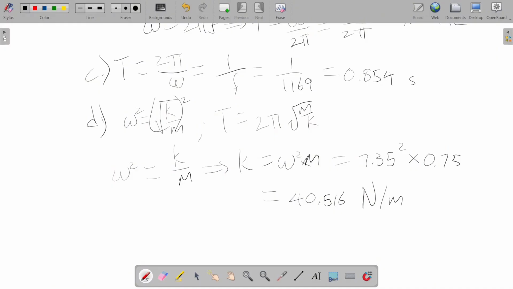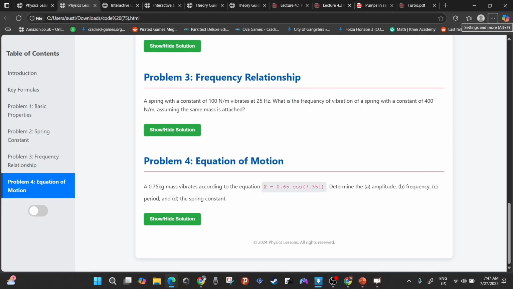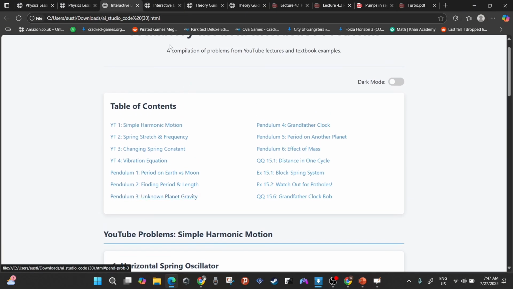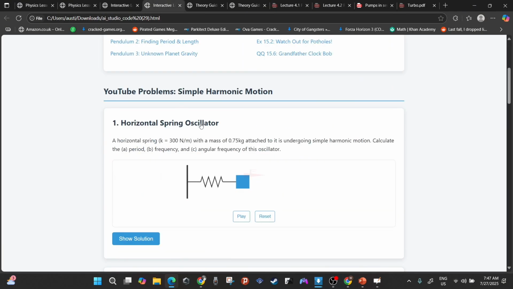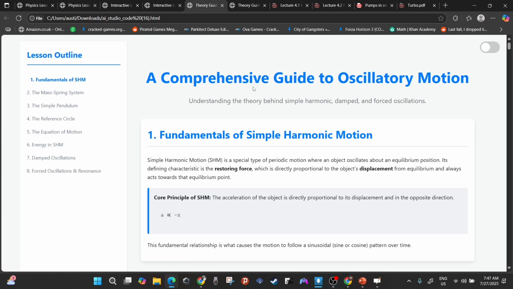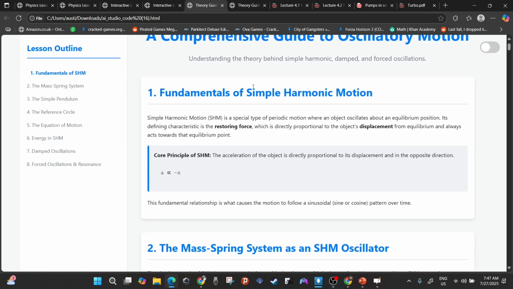So that's basically how I can introduce simple harmonic motion when it comes to spring mass systems. You might think it ends there, but it really doesn't, right? So if we move on, let's move to this, right?